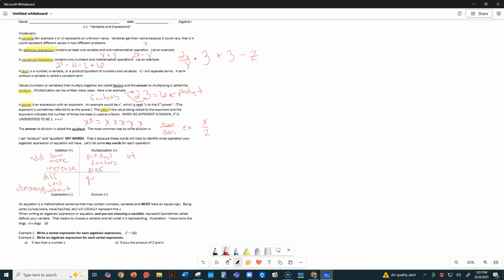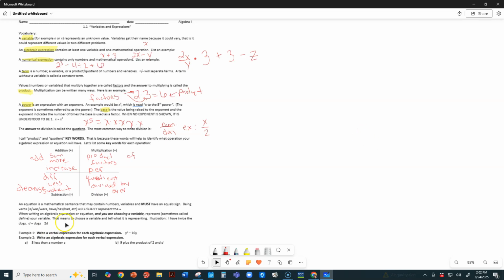Division: quotient, Q-U-O-T, quotient, and just divided by. Maybe the word over. If I said this right here, I would say x over 2. So those all mean division.